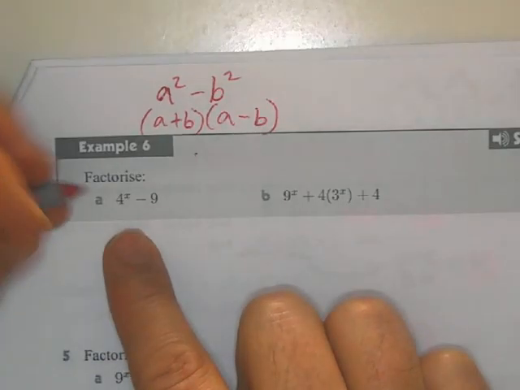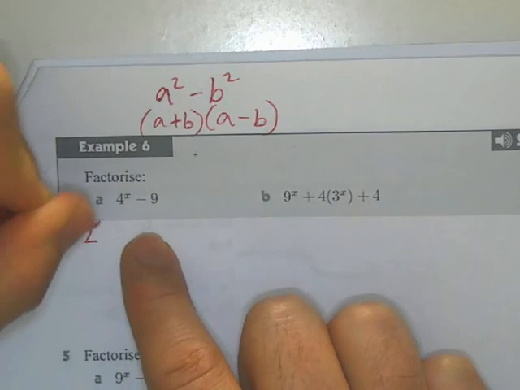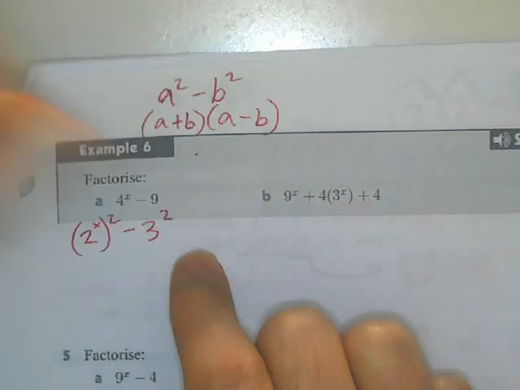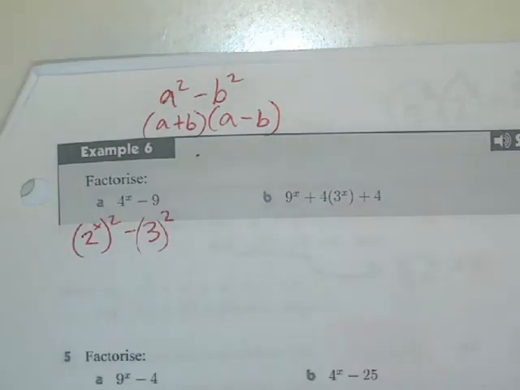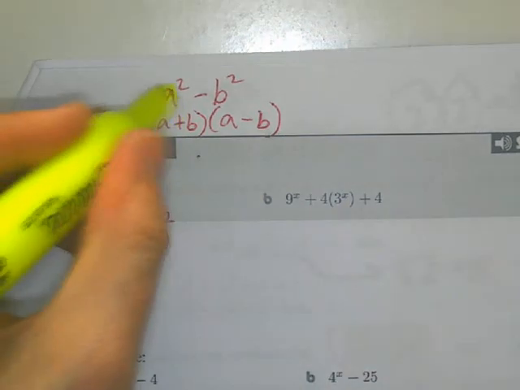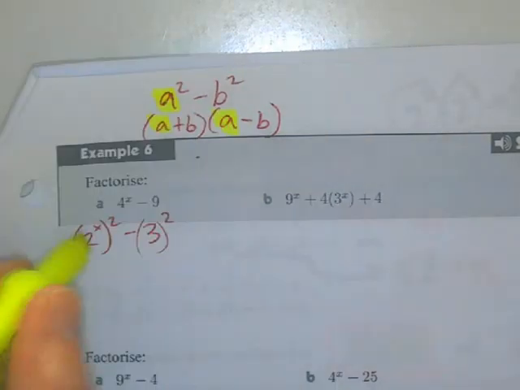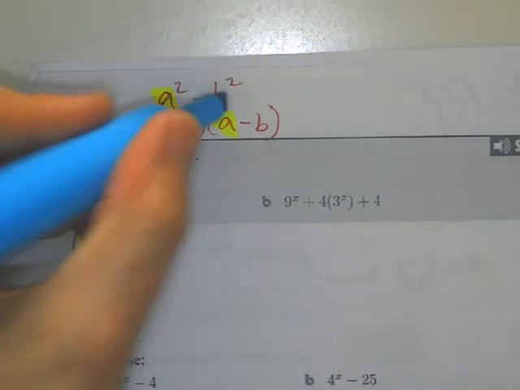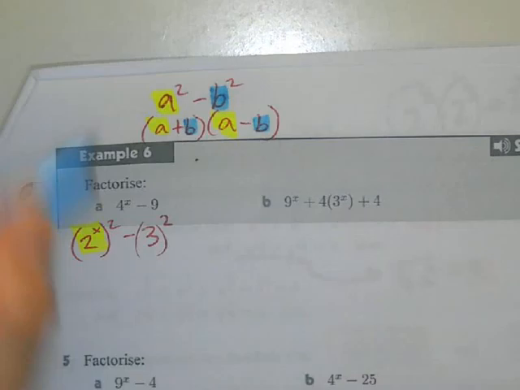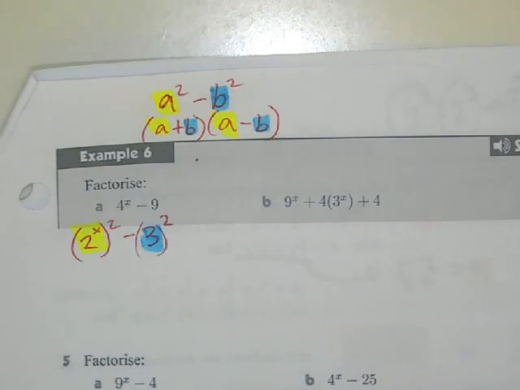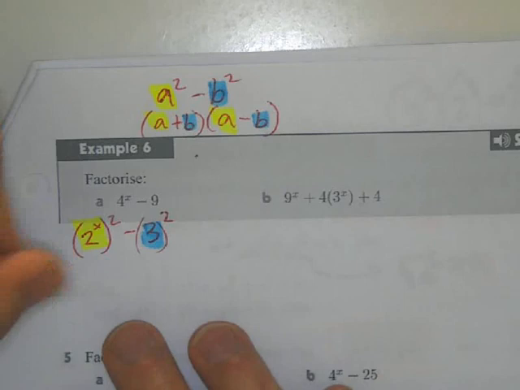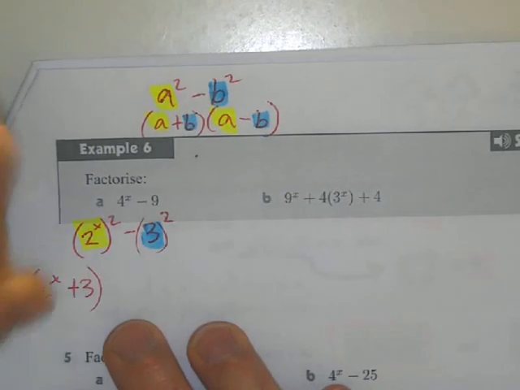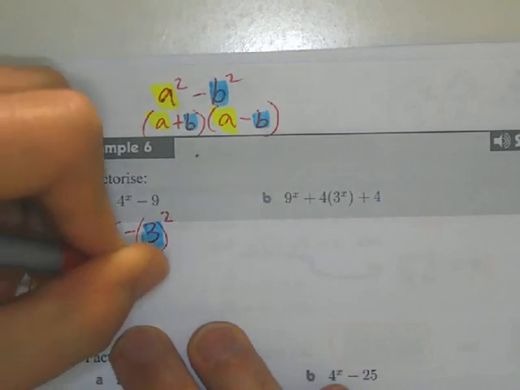So we can think of this as 2 to the x squared minus 3 squared, right? So instead of a, I've got 2 to the x. Instead of b, I've got 3. So now I can write this as 2 to the x plus 3 times 2 to the x minus 3.